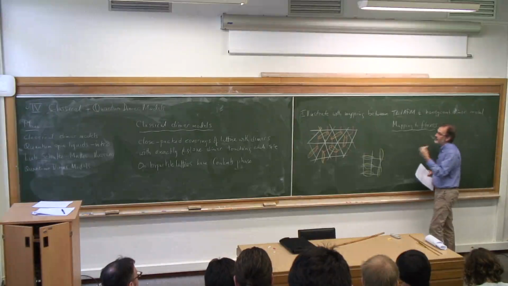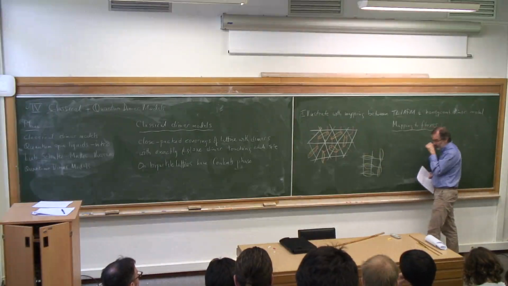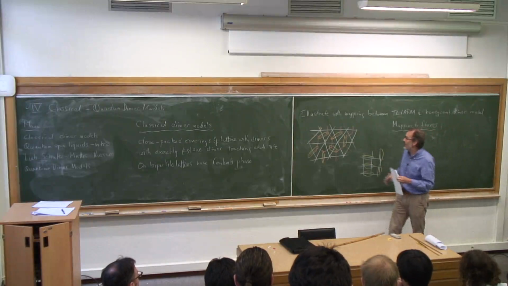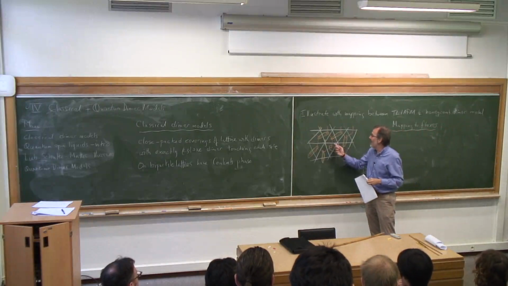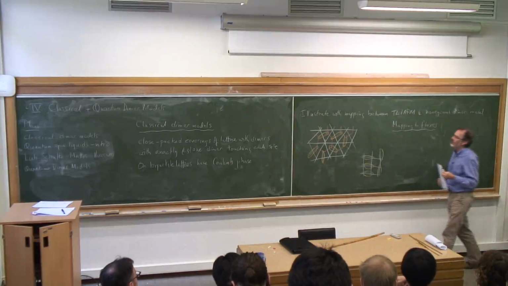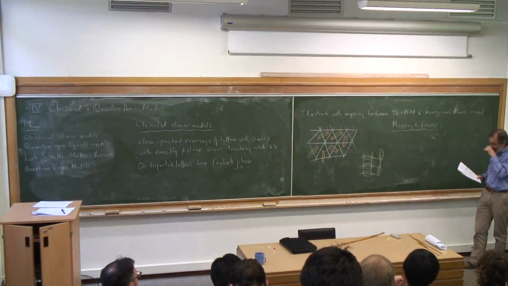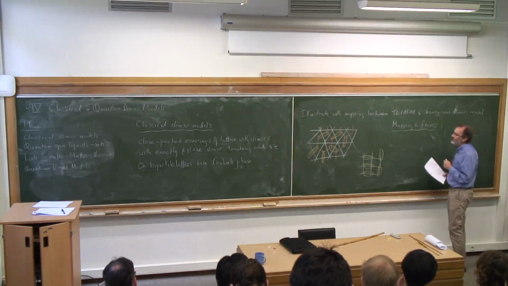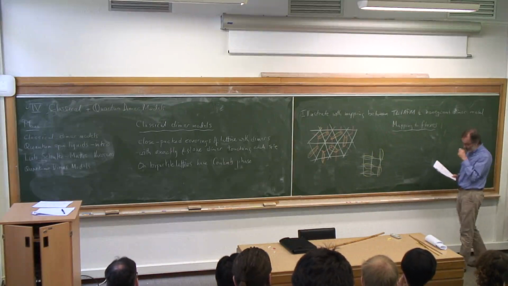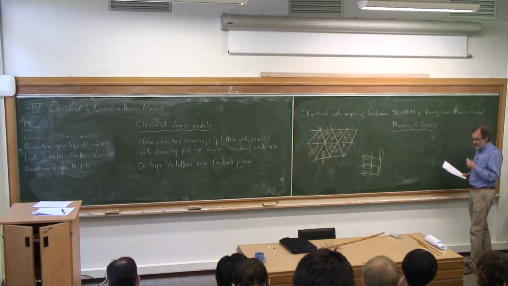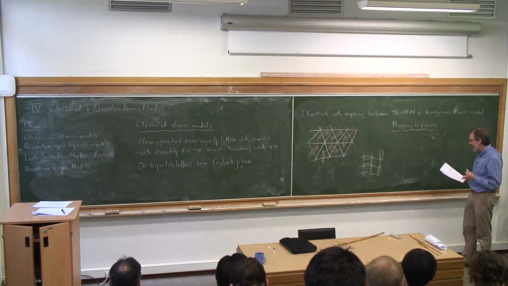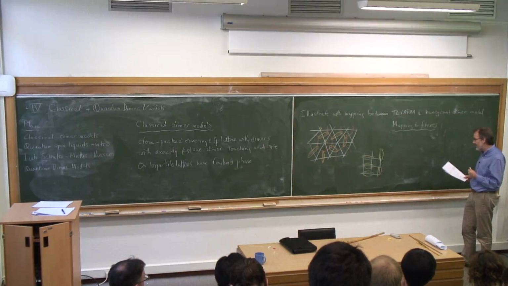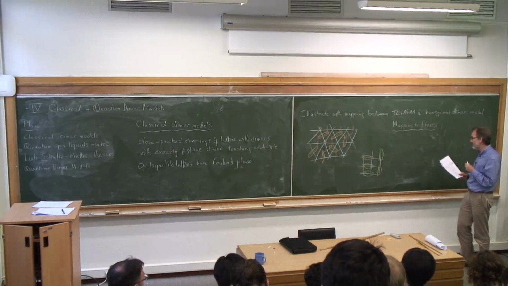So the first point is that here I'm considering lattices which are bipartite. So on the honeycomb lattice I can label sites A and B, in such a way that the neighbors of an A site are on the B sublattice. And I can use that separation to give an orientation to the bonds in the way that I described for the diamond lattice in the case of spin ice.